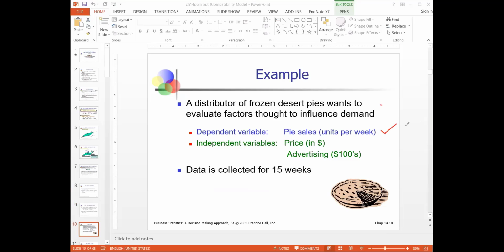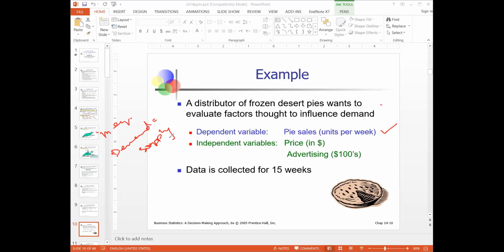Why do we take sales as a proxy of demand? In economics, we already know that in equilibrium, demand is equal to supply. So we take the sales as a proxy for demand.